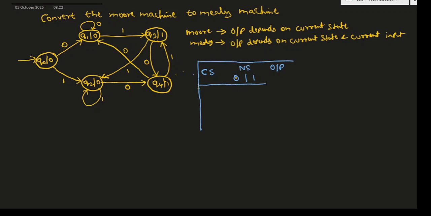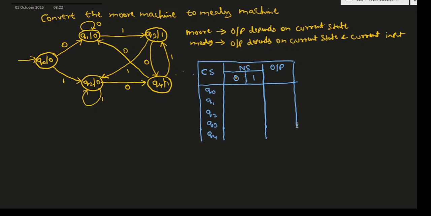So first we will convert this into a table format: current state, next state and output. The next state we have to identify based on the two inputs 0 and 1. What are the states here? We have altogether 5 states: Q0, Q1, Q2, Q3 and Q4.